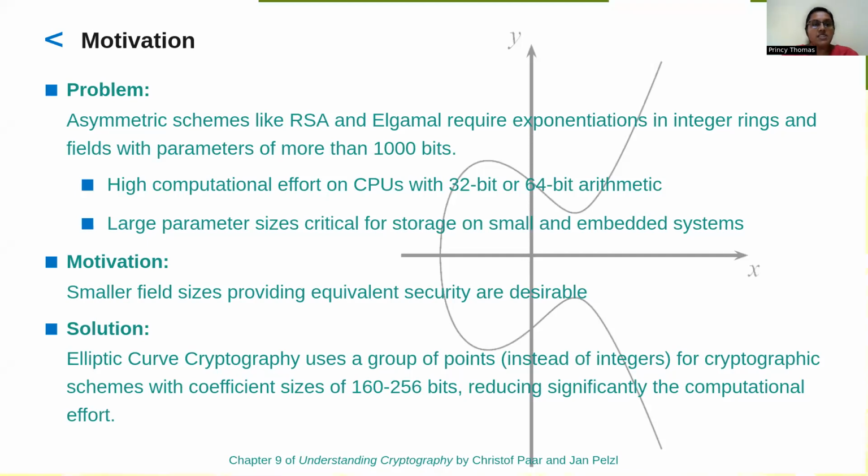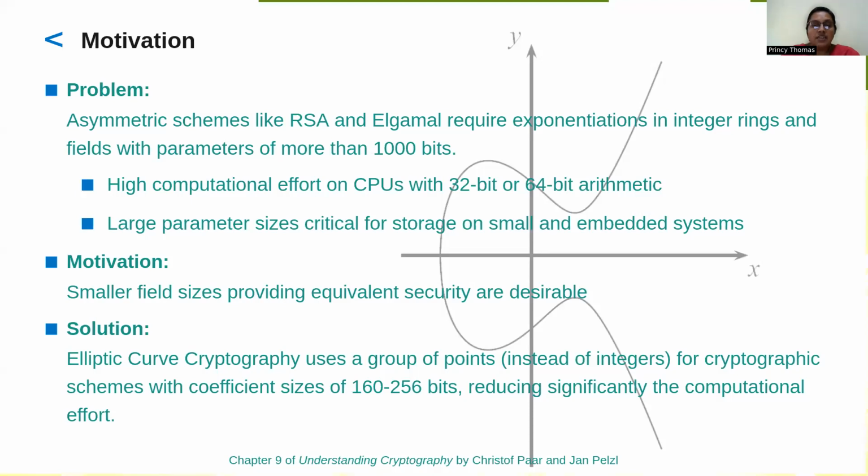The motivation is that by using elliptic curves, we can implement PKC with much smaller field sizes and provide equivalent security. Elliptic curve cryptography uses a cyclic group instead of integer rings for cryptographic schemes. Earlier, for integer rings, we saw it was 1024 bits.